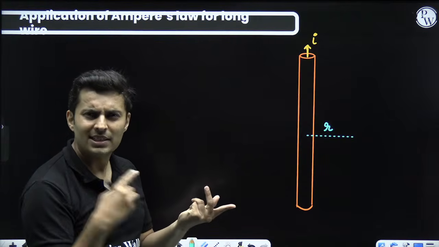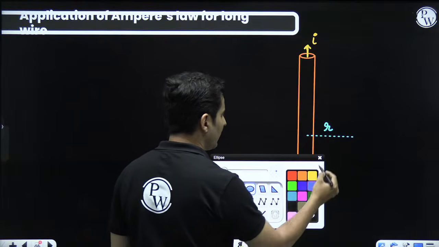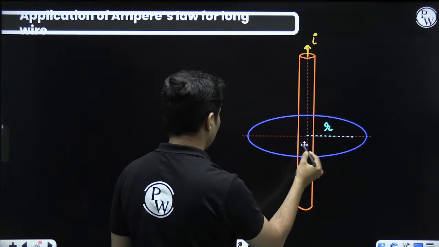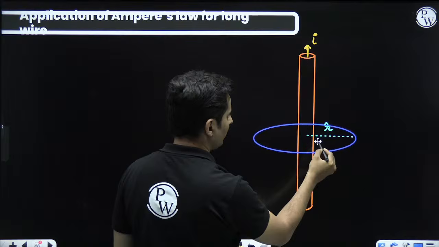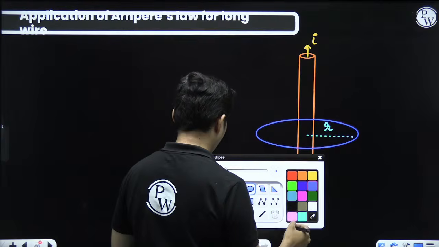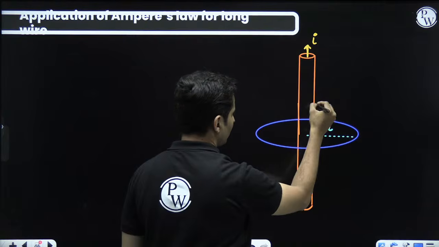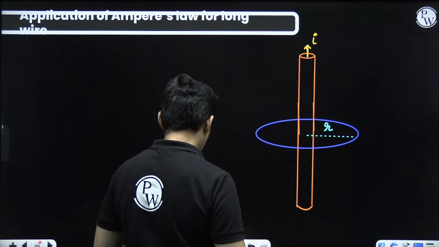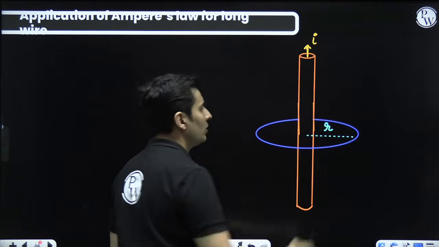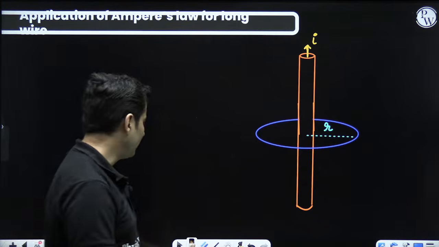I know magnetic field lines are circular due to symmetry, nothing else. So magnetic field lines will be circular in nature, something like this. This is how the magnetic field lines will look. Perfect. Now I'm going to choose a loop either parallel or perpendicular to the magnetic field.